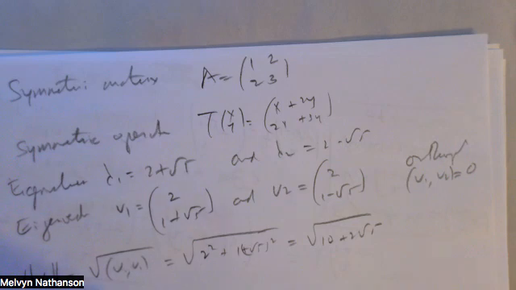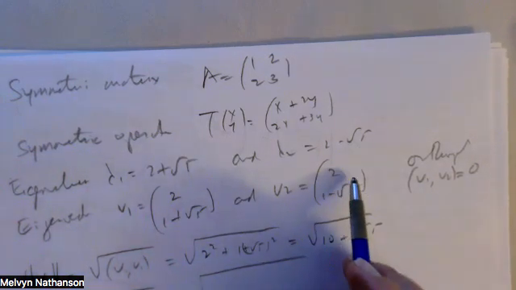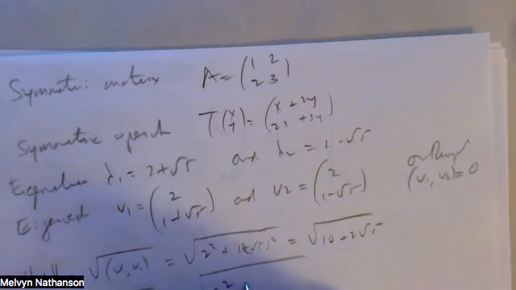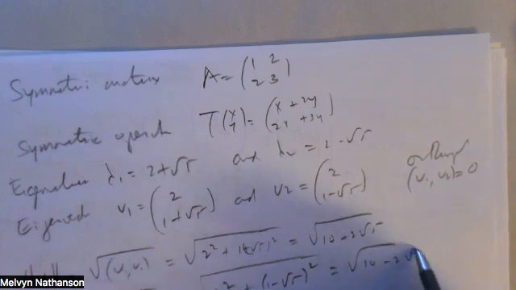The length of v2, if I take the inner product of v2 with itself, is the square root of the sum of the squares of the coordinates, 2 squared plus (1 minus root 5) squared, which is the square root of 6 plus 4 is 10, minus 2 root 5.